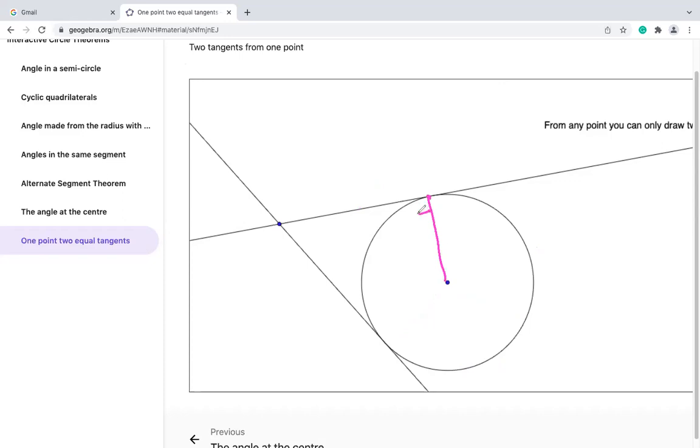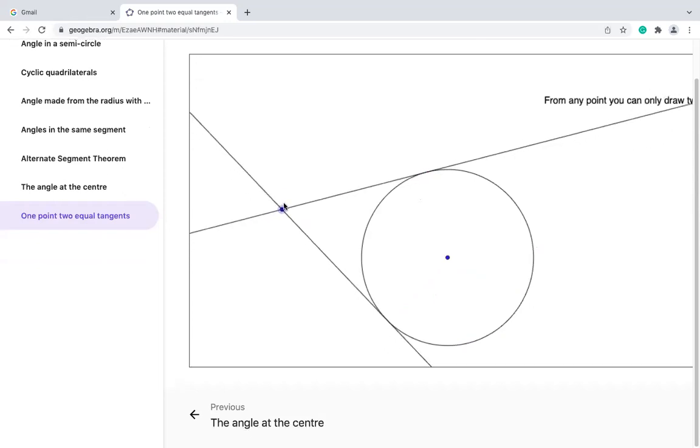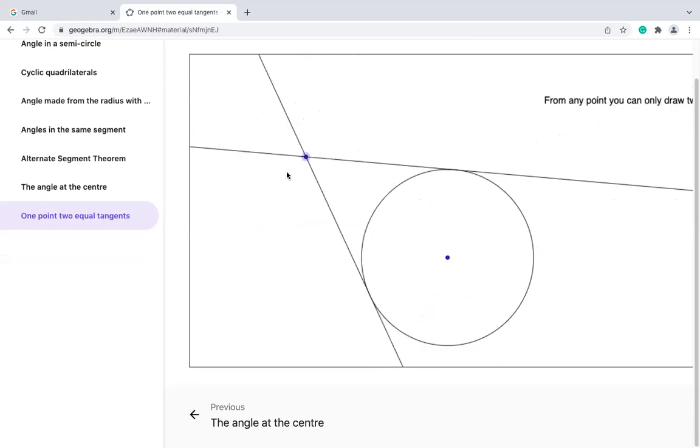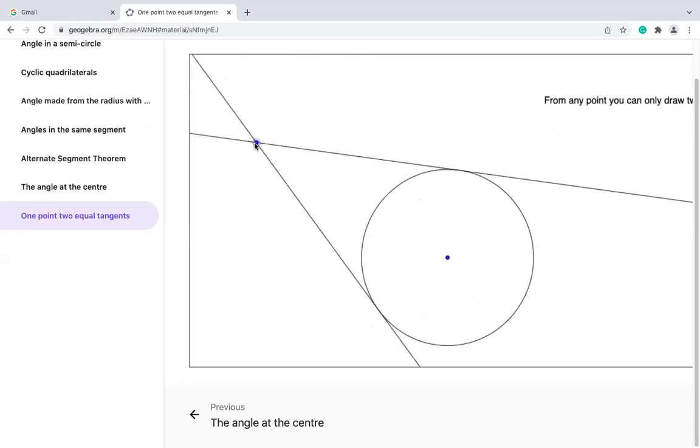So that's number one. This can be very handy in doing some geometry questions. The second property, which is very common, is that from an external point, you can draw two tangents on a circle. They both create an isosceles triangle together. If I join this side here with this, it will form an isosceles triangle.